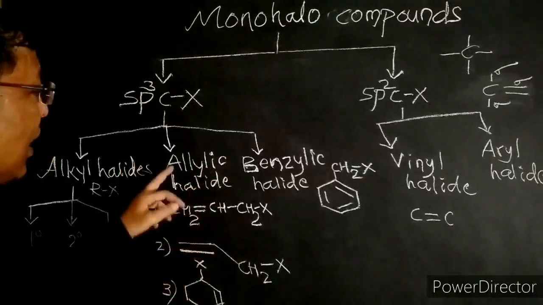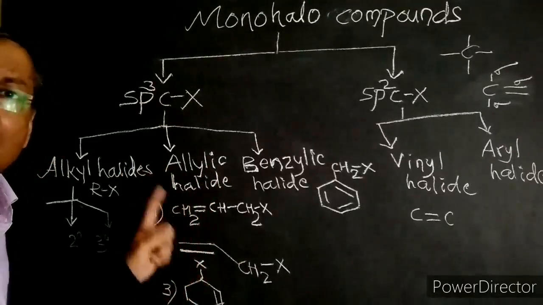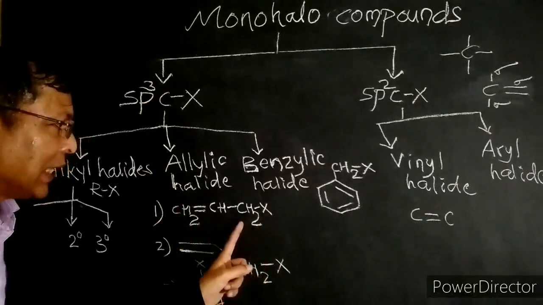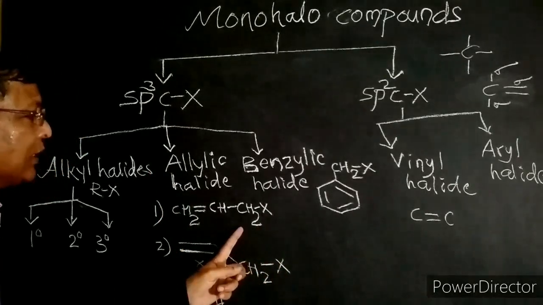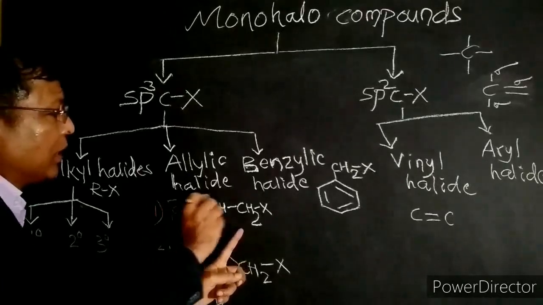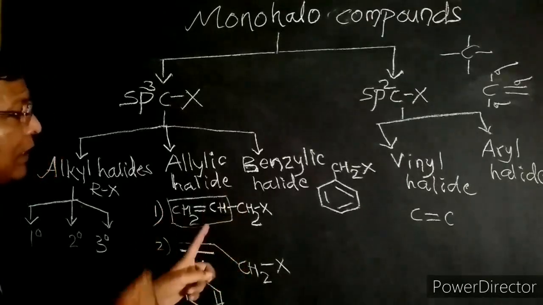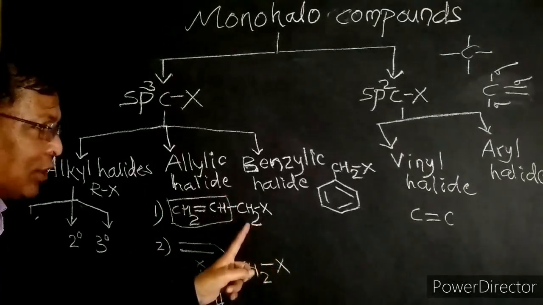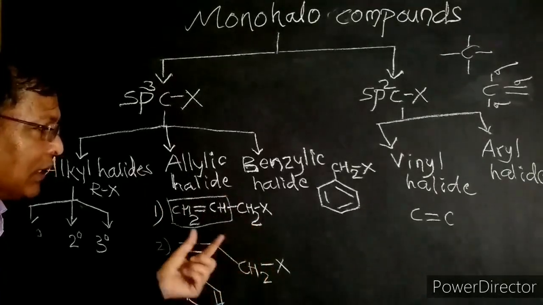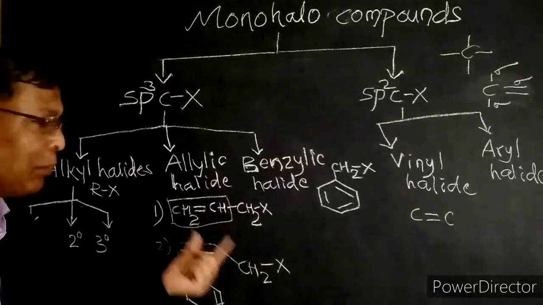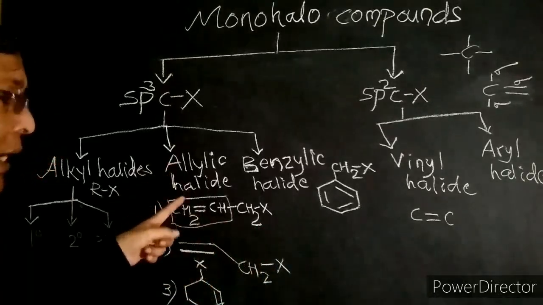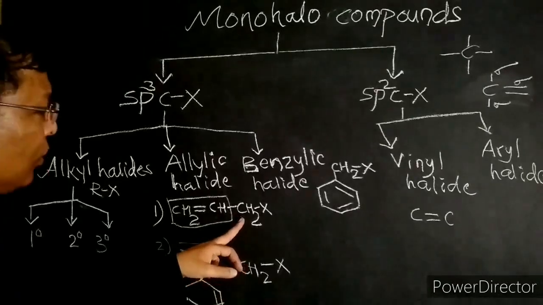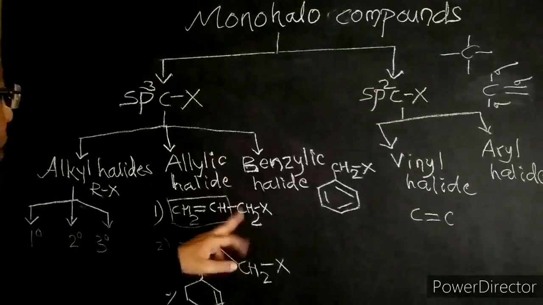What are allylic halides? In allylic halides, the halogen atom is attached to that carbon atom which is next to a carbon-carbon double bond. Look here, this is the carbon-carbon double bond. The halogen atom is attached to that carbon which is next to the carbon-carbon double bond, and it is called an allylic halide, and this carbon atom is known as the allylic carbon atom.